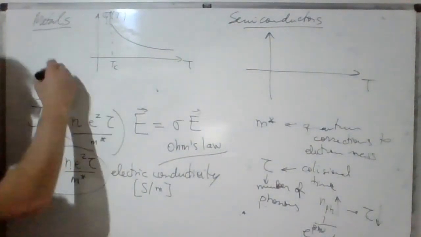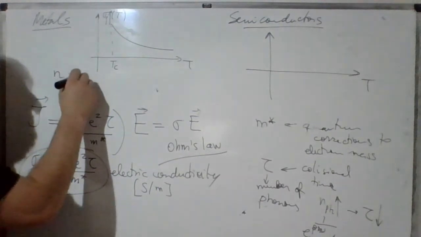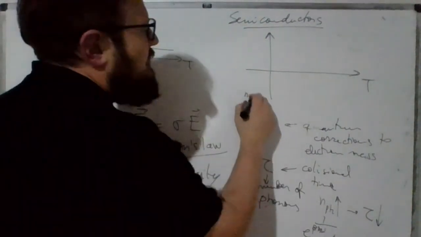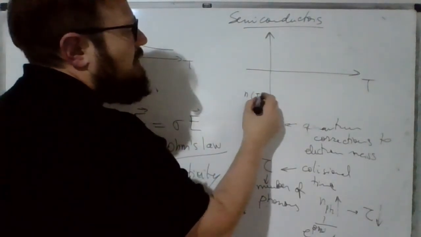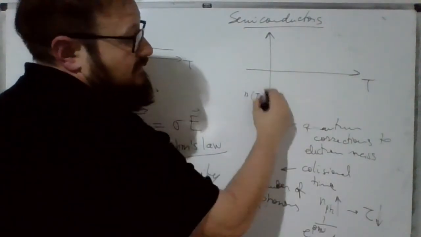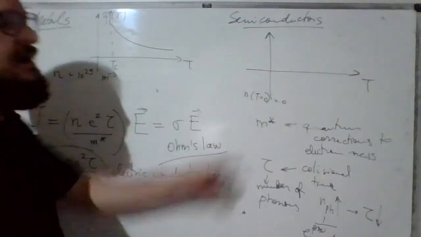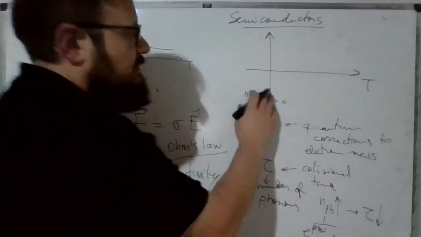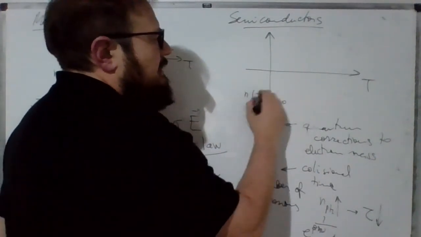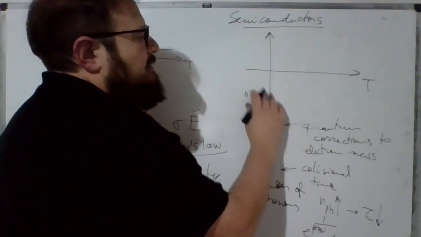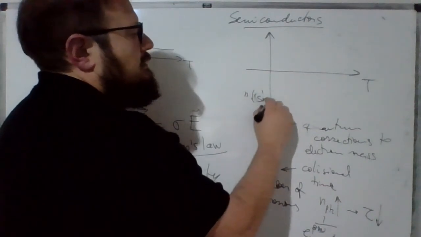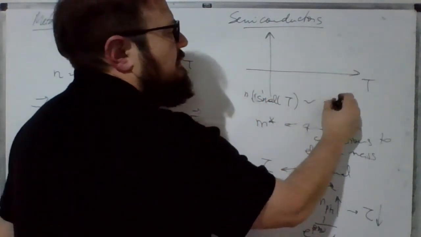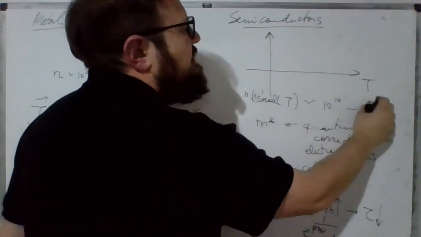So for metals, this N is around 10 to the 29 per cubic meter. And for semiconductors, at very small temperatures, for zero, for instance, it would be zero, ideally. But for some given small temperature, it is in the range of 10 to the 10, 10 to the 14.